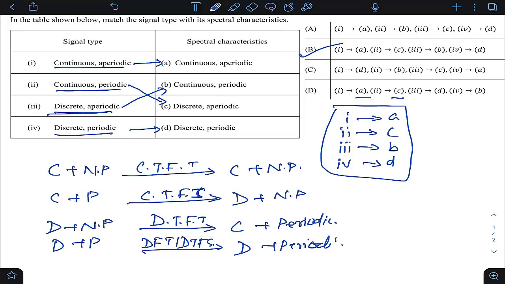So in CTFS, CTFT, DTFS, DTFT, DFT, that is the first thing we discussed. What is the nature of time domain signal applicable in this case, and if these signals are applied to this Fourier technique, what is the corresponding frequency domain signal? So we study those things, right? So this is basically an observation-based question. So the answer is option B for this.